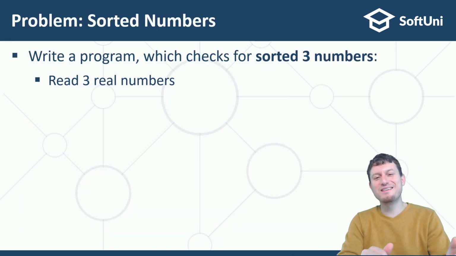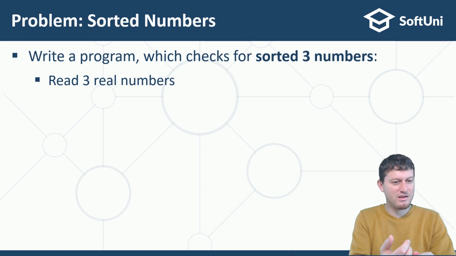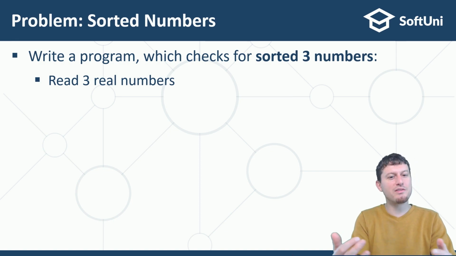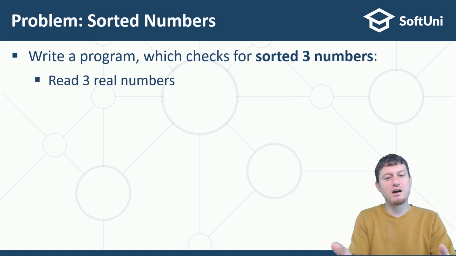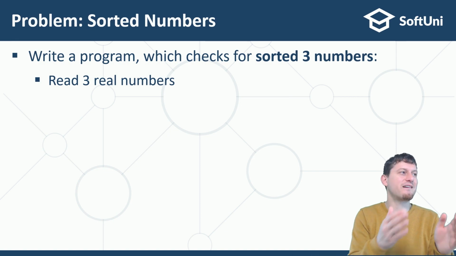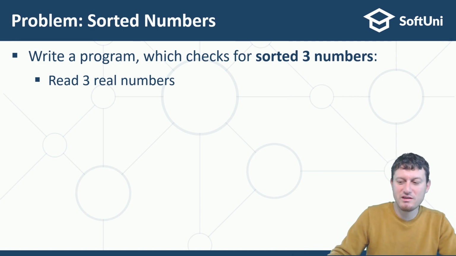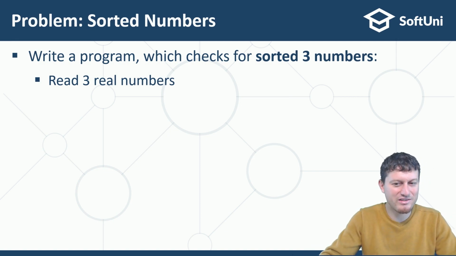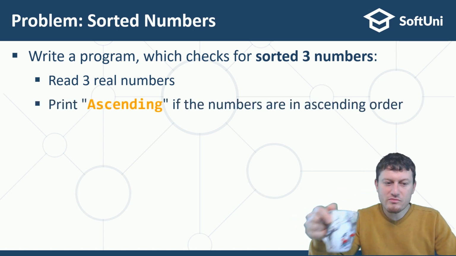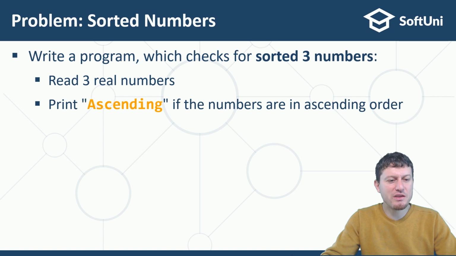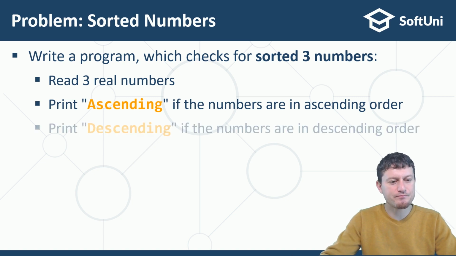The next problem is called sorted numbers. The goal here is to write a program which checks whether a given series of numbers are sorted, arranged in non-decreasing order or not. We read three numbers and we print ascending if the numbers are in ascending order.